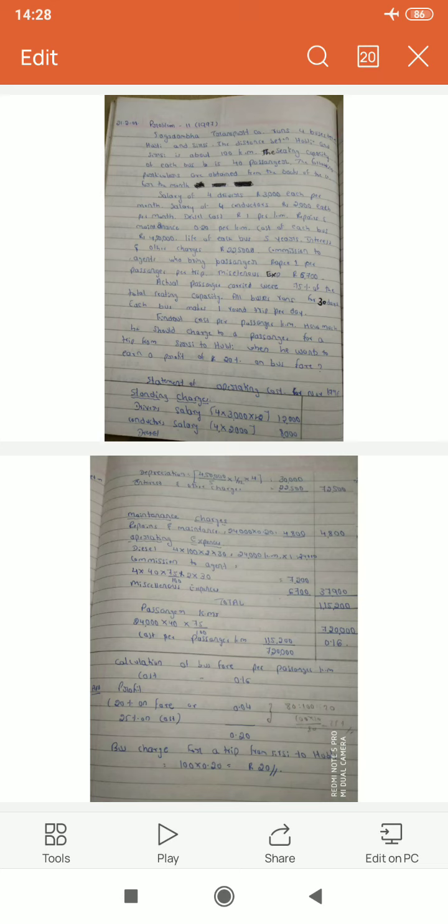Seating capacity of the bus is 40 passengers. What about the occupancy? Occupancy is 75%. 75% of 40 works out to 30. Therefore, effective passenger kilometer is arrived at 7,20,000 kilometers.